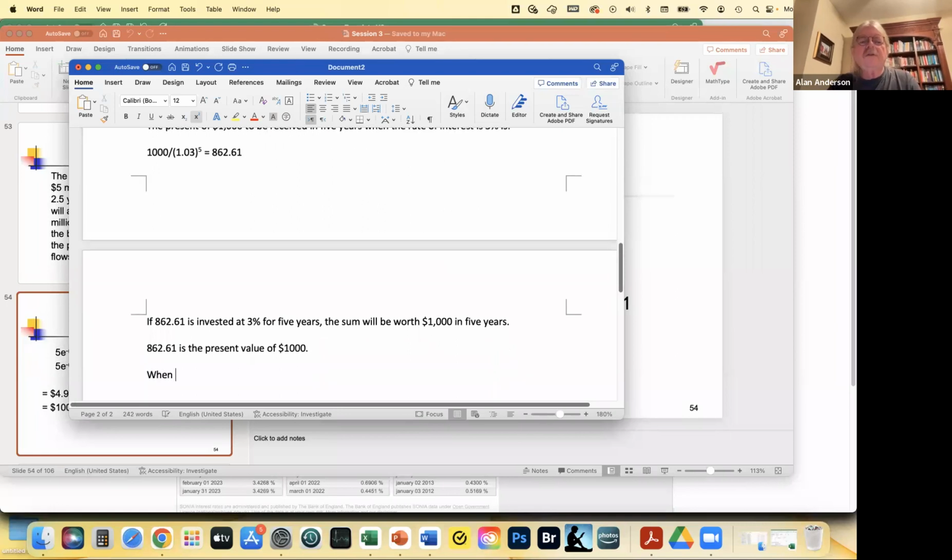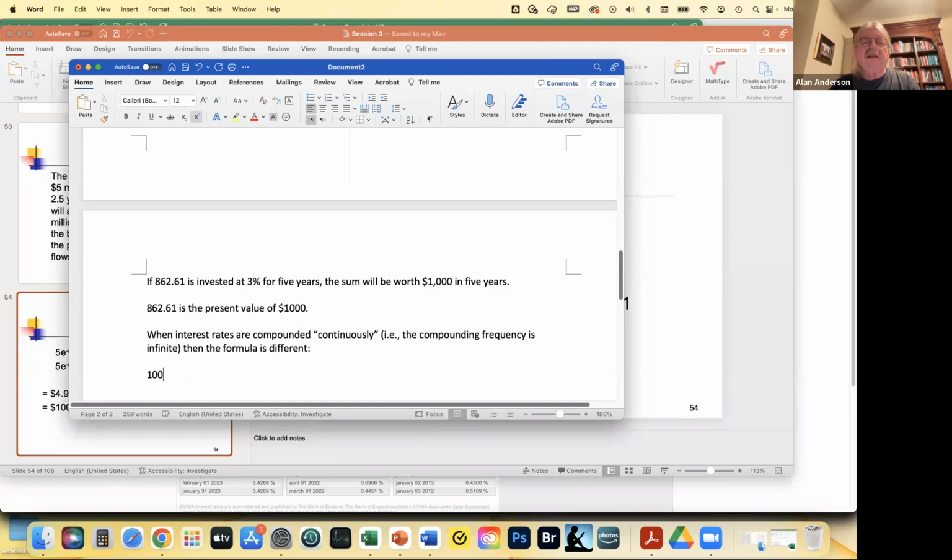Now, when interest rates, as we discussed at one other point, are compounded continuously, in other words, the compounding frequency is infinite, then the formula is different.